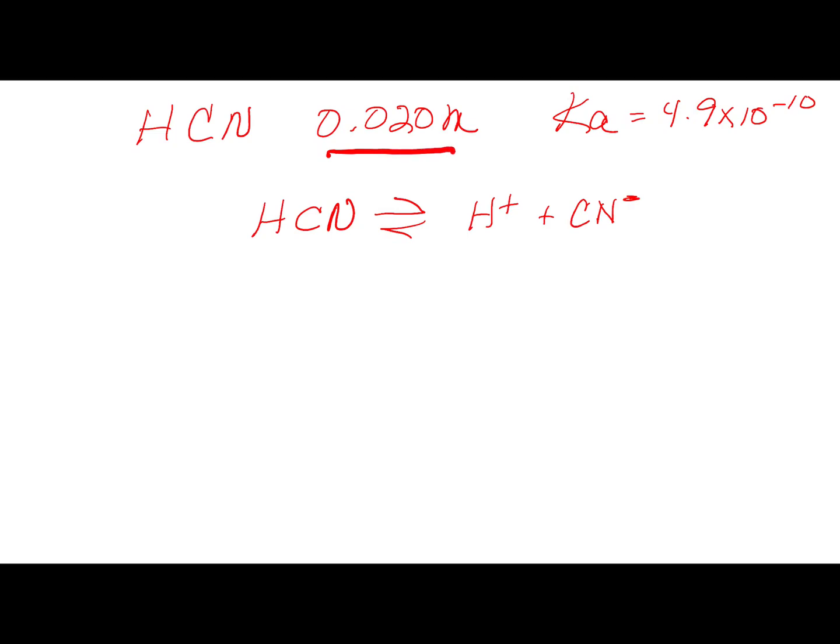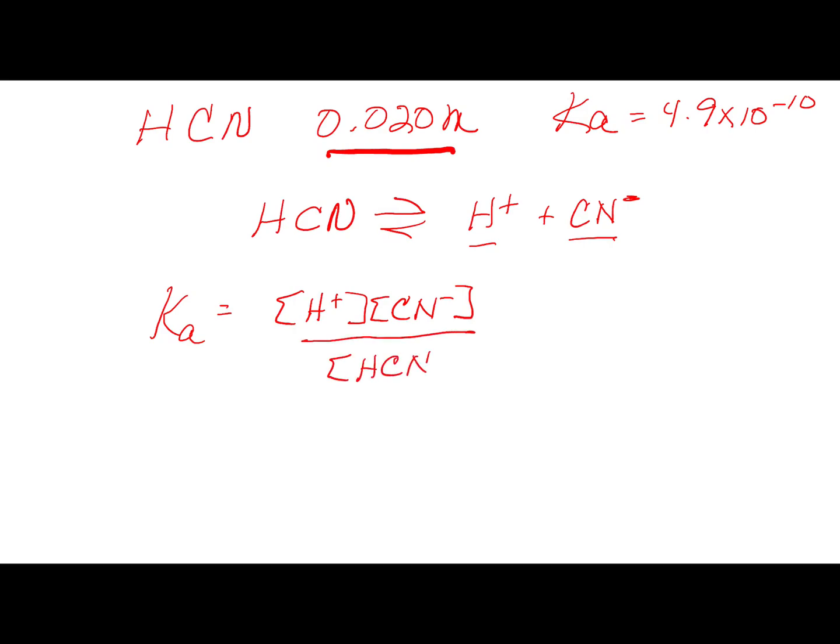And so the equilibrium expression, Ka, is going to equal the products, which are H plus and CN minus, divided by the reactants, HCN. And so to solve this kind of problem, we're going to take our Ka. We know the Ka, that is 4.9 times 10 to the minus 10.